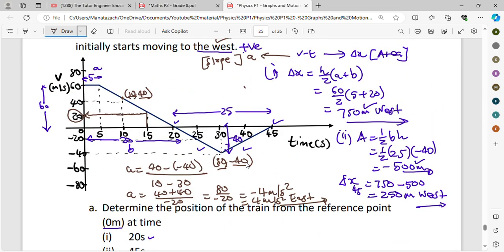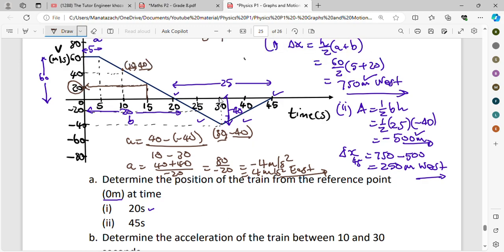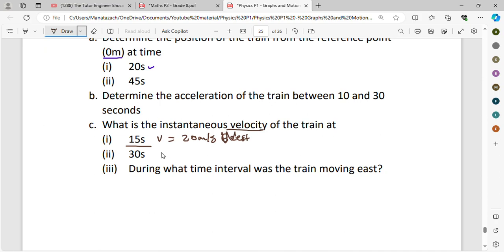And then the velocity at 30 seconds corresponds to minus 40. Velocity is equal to minus 40 meters per second, or simply 40 meters per second east.